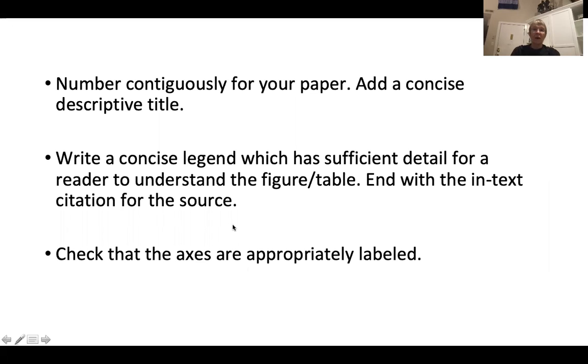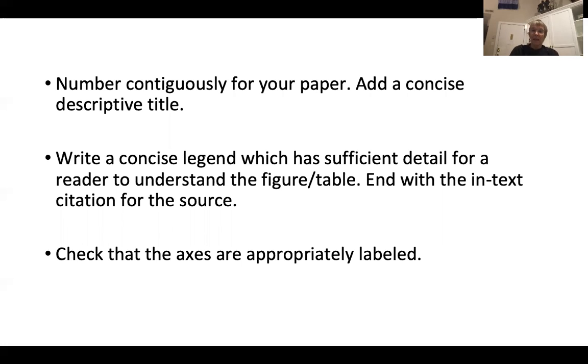You also need to write a concise legend which has sufficient detail for the reader to understand the figure or table. You can't just leave the reader to figure it all out. If there are abbreviations, or labels of the axes or of the table columns that are not obvious, you need to explain it in your legend.